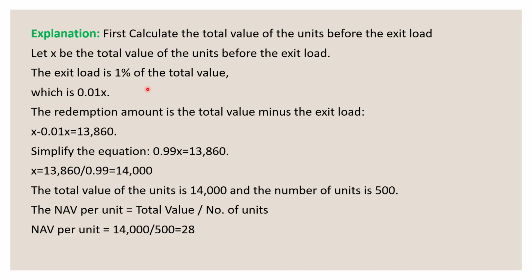The redemption amount is the total value minus exit load. x minus 0.01x is 13,860. Now simplify the equation, then the value is 14,000. Now substitute the value in the NAV per unit: total value divided by number of units. NAV per unit is 28 rupees.